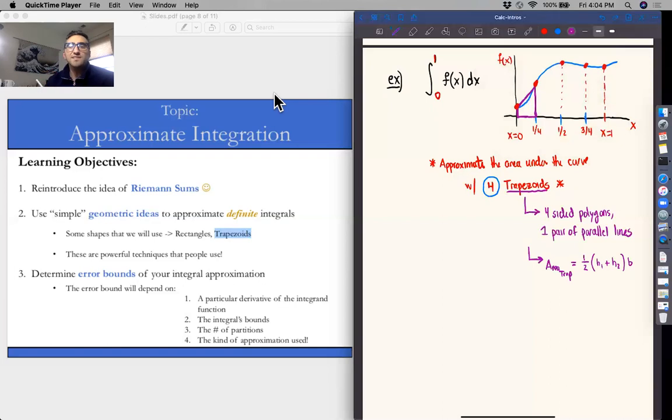For us in this example, the heights are going to be our function values, and the base is going to be the partition width, which is the space between those vertical parallel lines that outline our trapezoids.